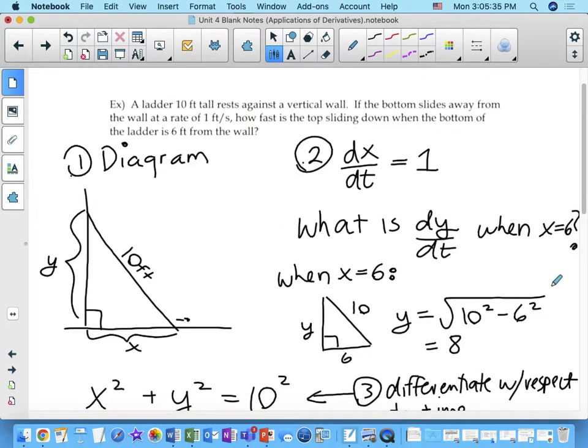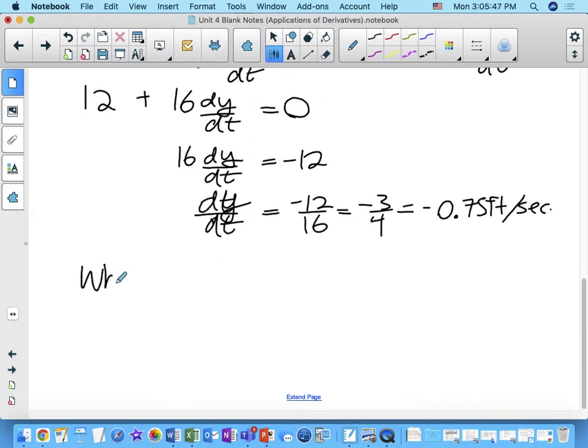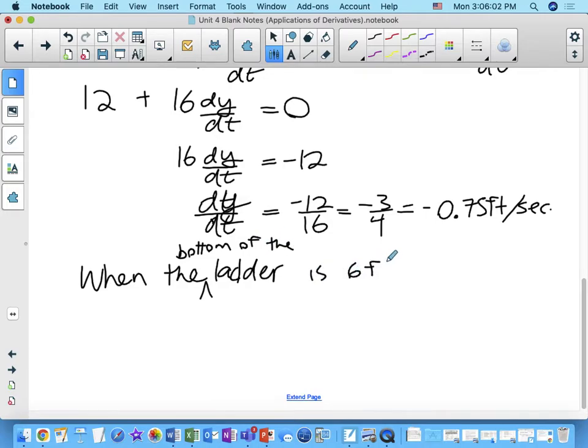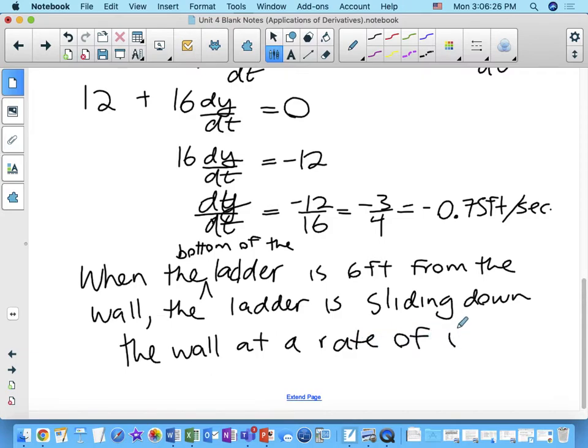What does the question ask? When the ladder is 6 feet from the wall, or I should say when the bottom of the ladder is 6 feet from the wall, the ladder is sliding down the wall at a rate of 0.75 feet per second, right?